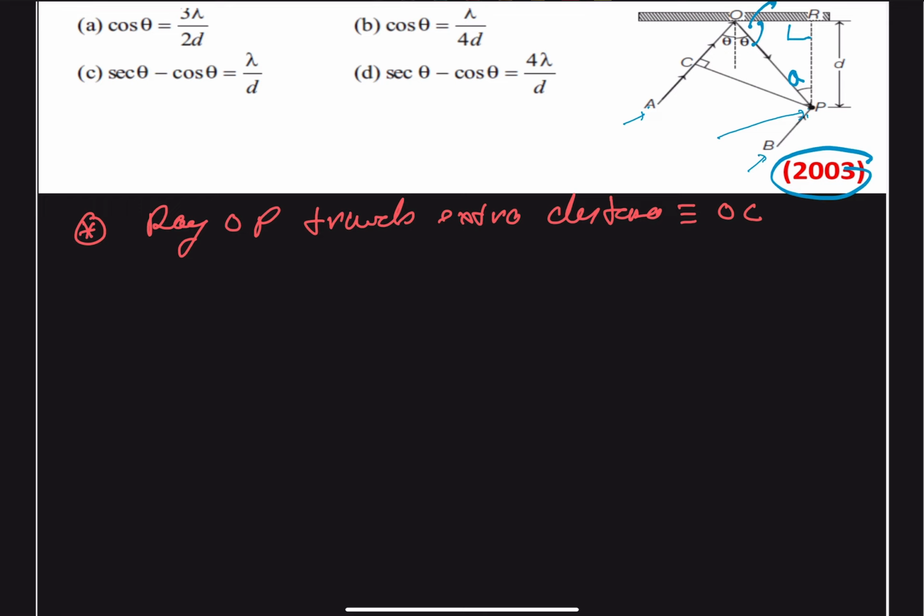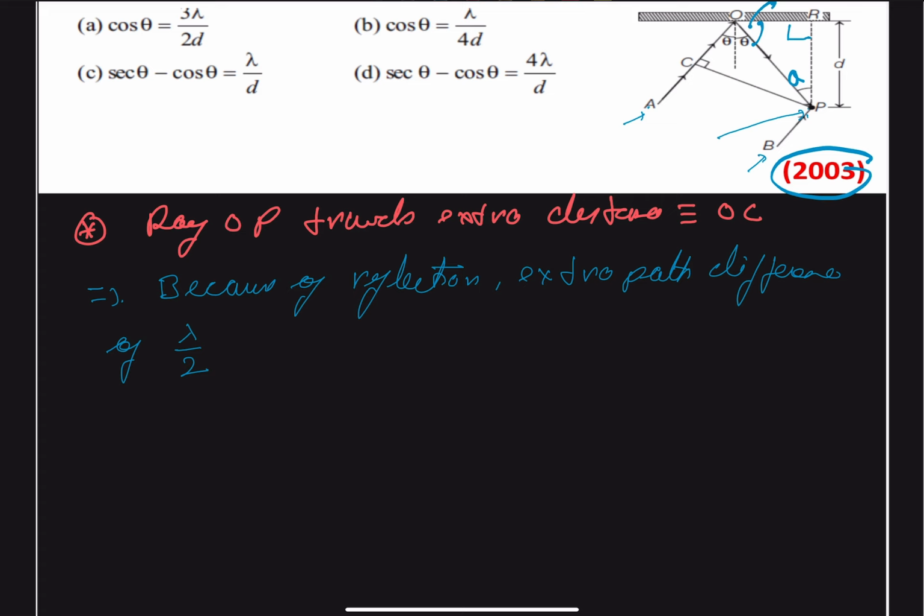And we can also say that because of the reflection, an extra path difference of lambda by 2 is introduced between the two waves which are interfering.